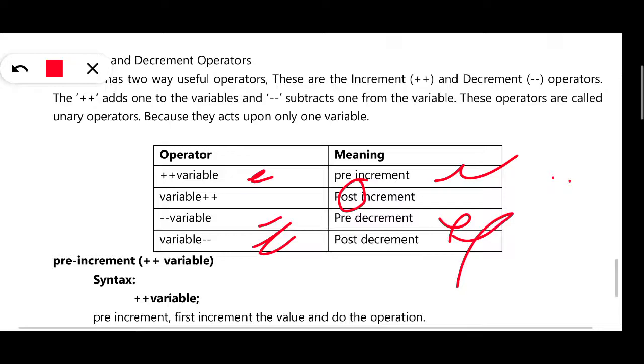Post decrement means first the variable, then decrement. Here the syntax: increment operator plus plus variable. Pre increment first increments the value and then does the operations.